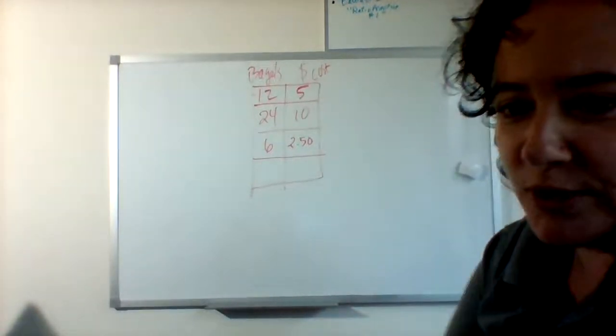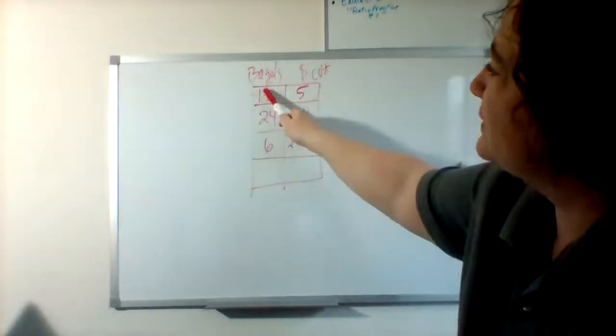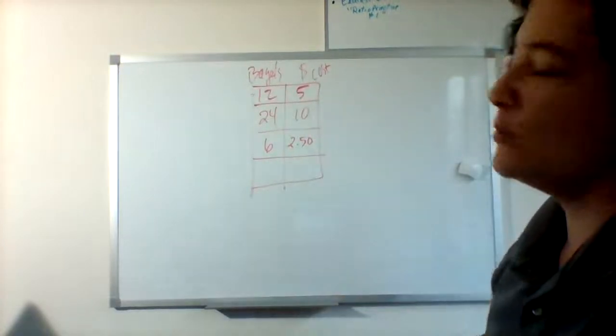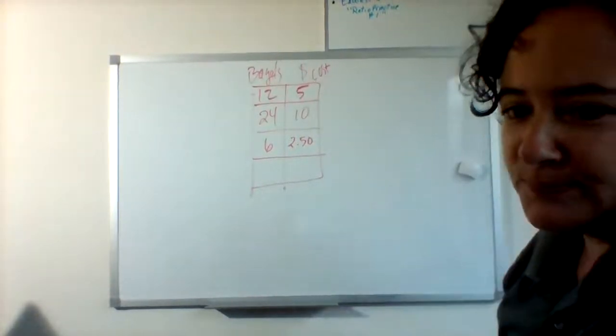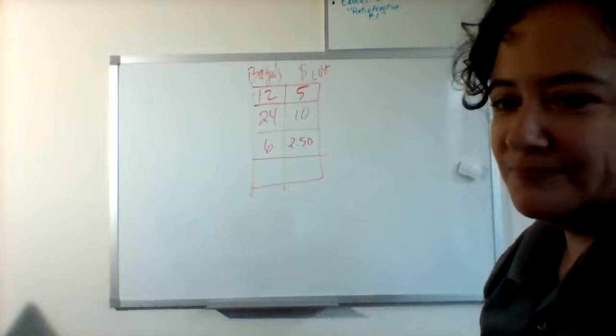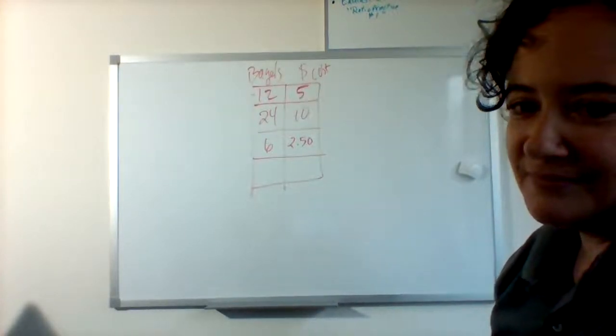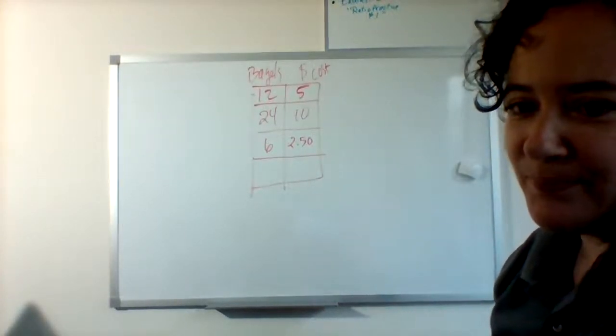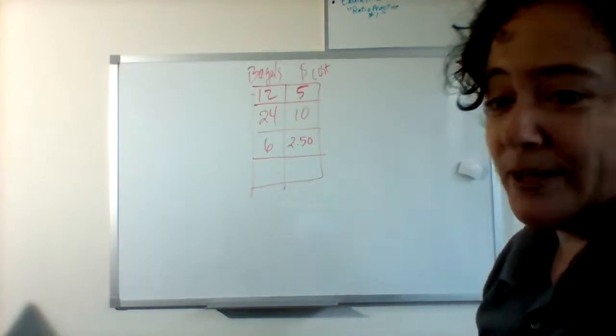Ooh, told you I was going to trick you. 12 times 2 is 24. 5 times 2 is 10. What's her factor? Tricked you, didn't I? You could say she divided by 2.